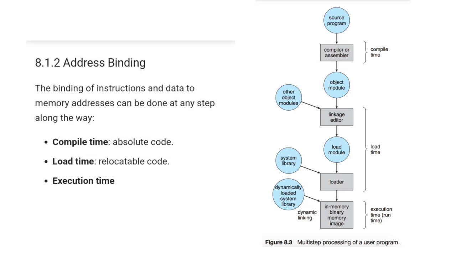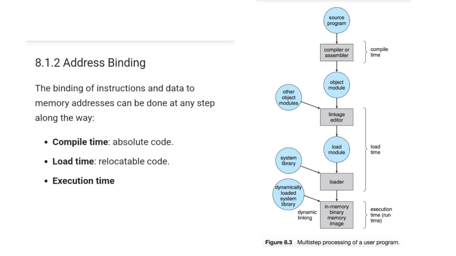Figure 8.3 shows the various stages of the binding process and the units involved in each stage. The source program goes to the compiler or assembler, which is the compile time. Next is the object module, which together with other object modules goes to the linkage editor.